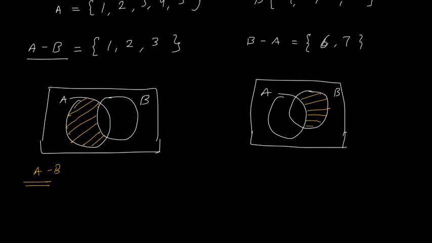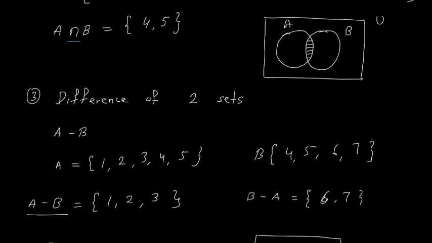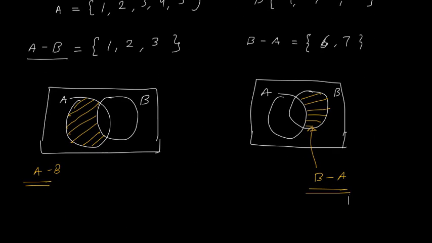This is nothing but B minus A. So this is the difference of A and B or the difference of B and A. Now it is clear from this representation that A minus B may or may not be equal to B minus A.